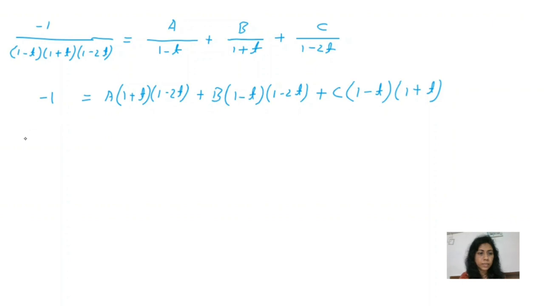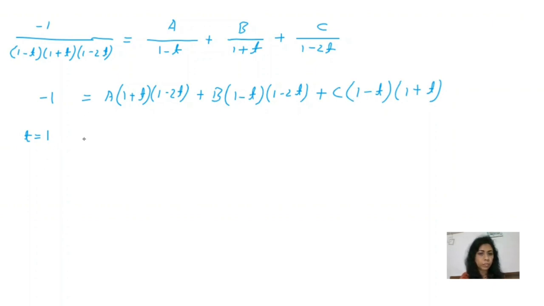For that, if we put t is equal to 1, then 1 minus 1 will be 0, which means this whole term is 0. Here also, the same thing: when we put t value 1, this factor is 0, so the whole term is 0. So B and C terms will be 0.